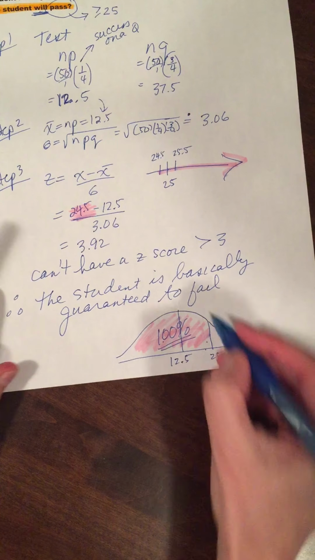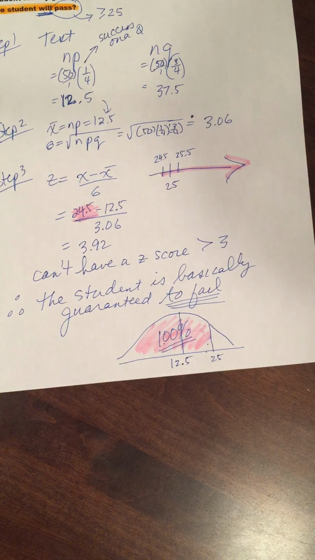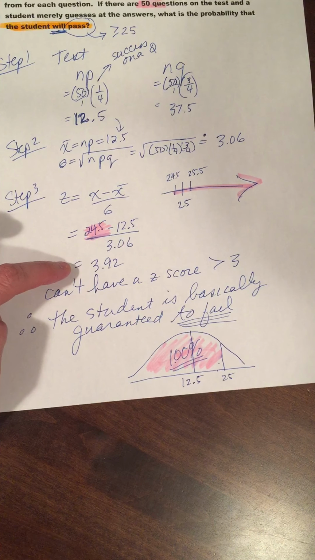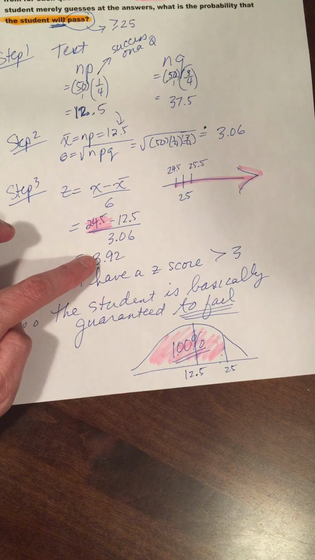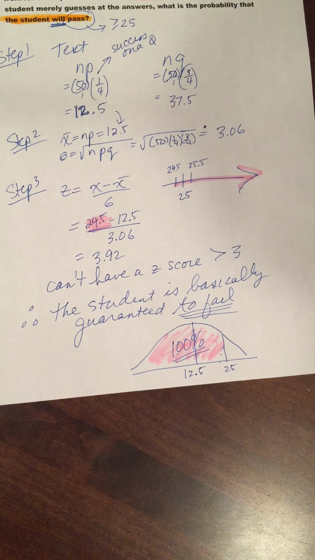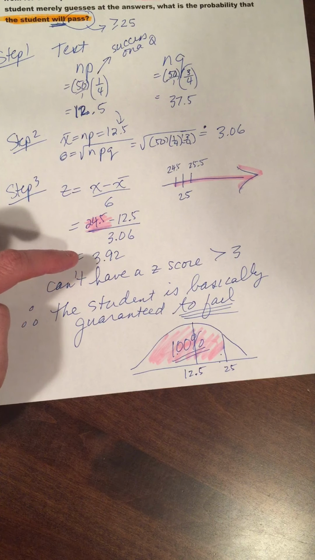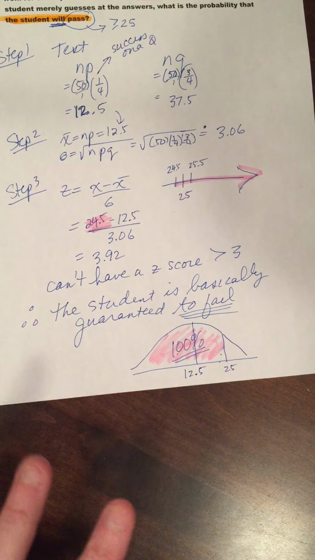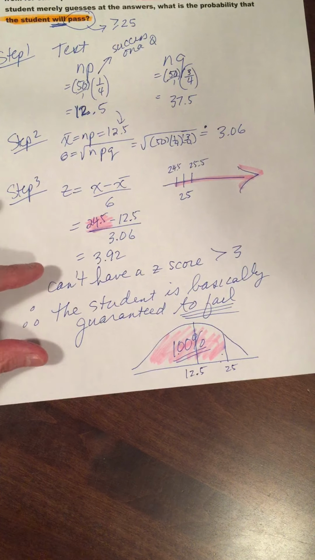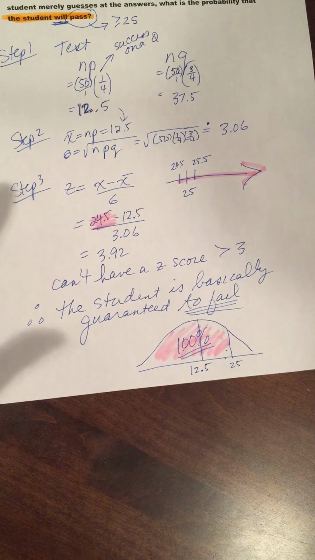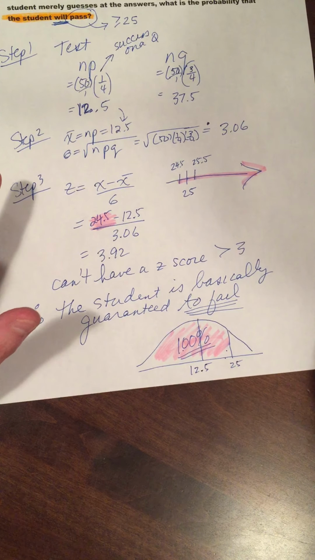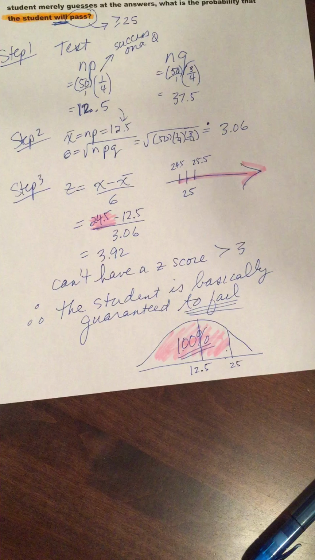A mark below 25 means the student is guaranteed to fail. So why I like this question is because it makes you think and truly understand what z-score and z-value are, that this is an outlier type of situation. What's great about this question is the analysis part. It's different, it's harder, but it's a great question, and that's why I wanted to show it to you.